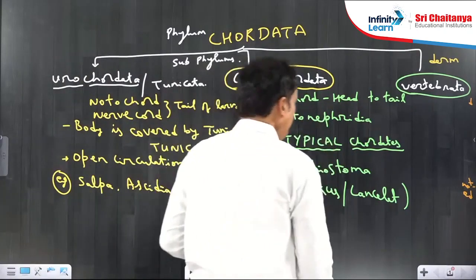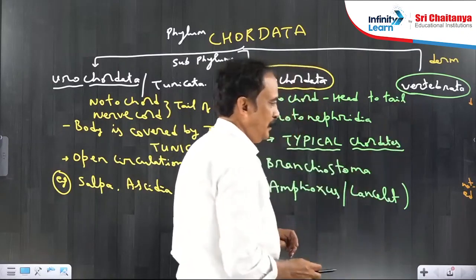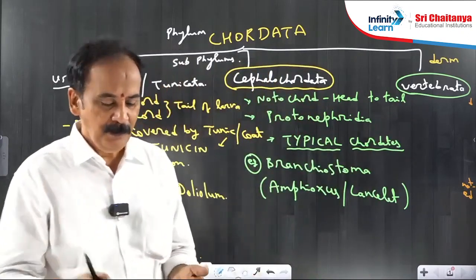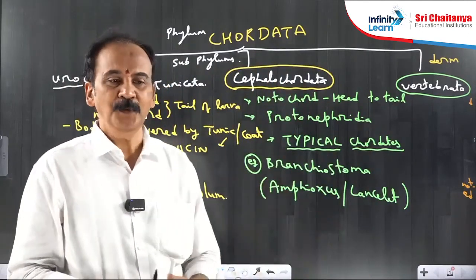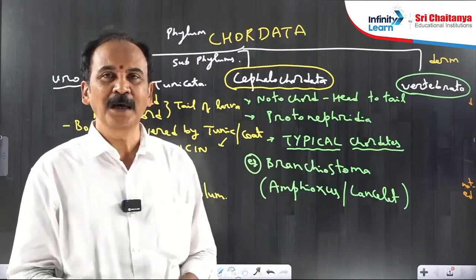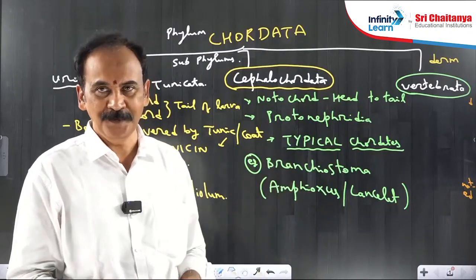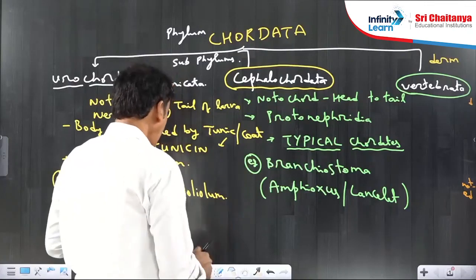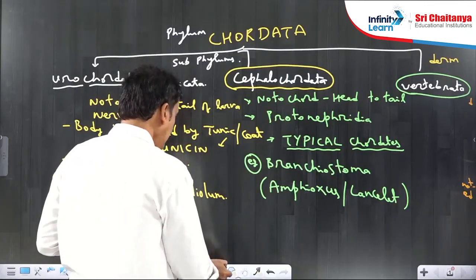Vertebrata, as you know, the name itself indicates that the vertebral column is present in place of the notochord. The notochord gets replaced by the vertebral column in the adult. So we'll deal with the details of vertebrates.